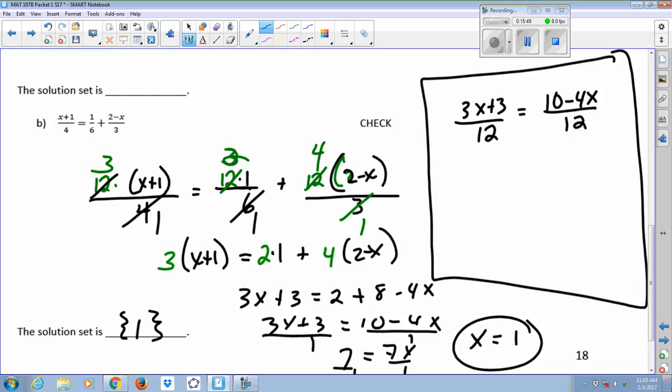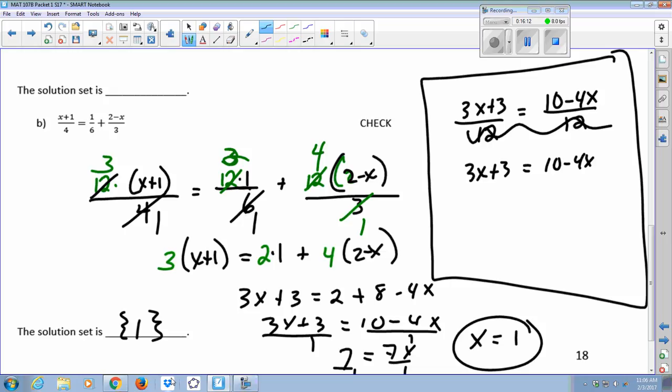There's nothing to do with that 12. You can literally totally ignore it. All you have to solve is 3x plus 3 equals 10 minus 4x. That's it. That's exactly this if you made all of these into common denominators instead of the approach I used.